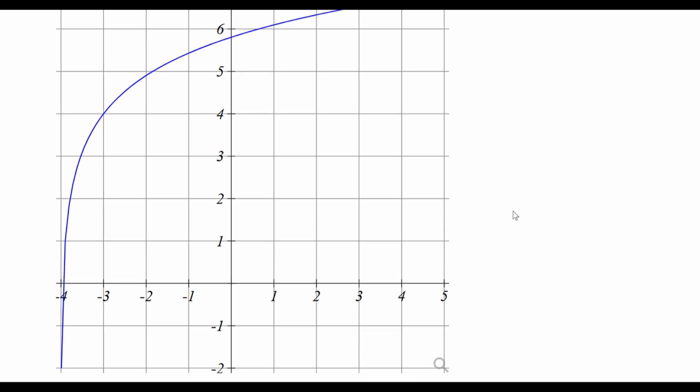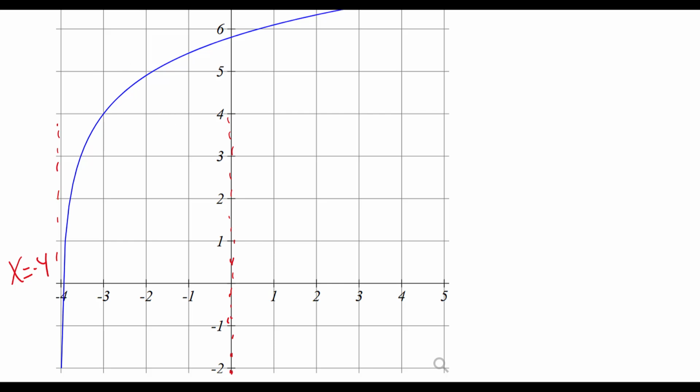So the first piece of information is right here. Normally we'd have an asymptote, let me go to red, at x equals 0. But now we have an asymptote at x equals negative 4. So that implies we're going to the left by 4.